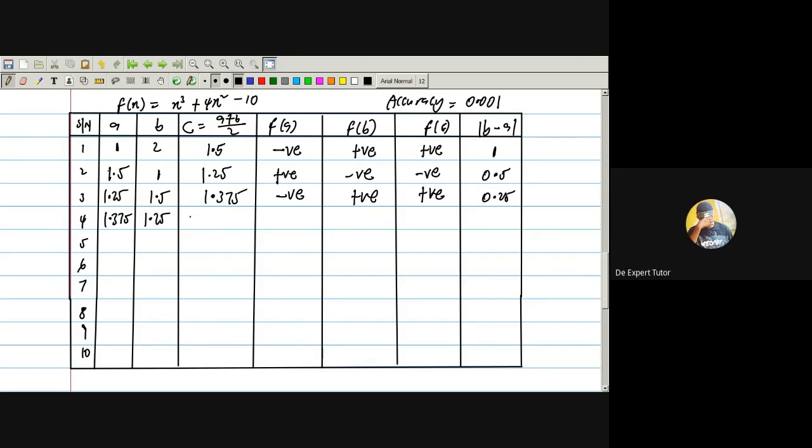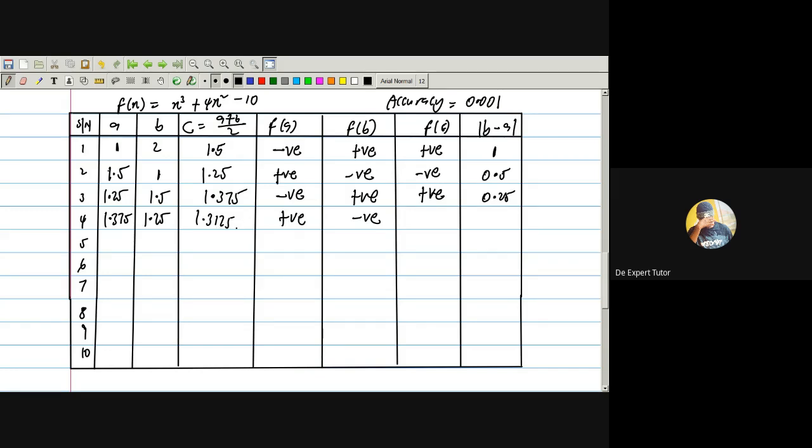1.3125. Remember, f of this one is positive. F of 1.25 is negative. Please, if I'm making a mistake, let me know. This is positive, sure. My 1.25 is negative, sure.